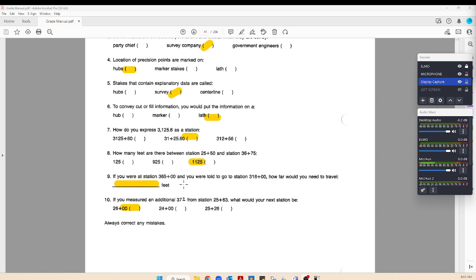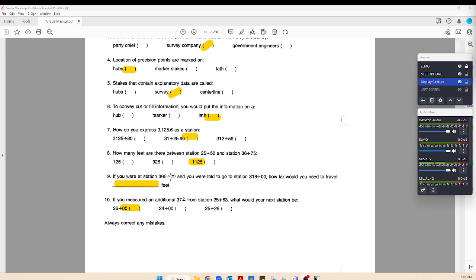365 00 minus 316 00 equals, I didn't annotate it, but it's 4,900 feet.